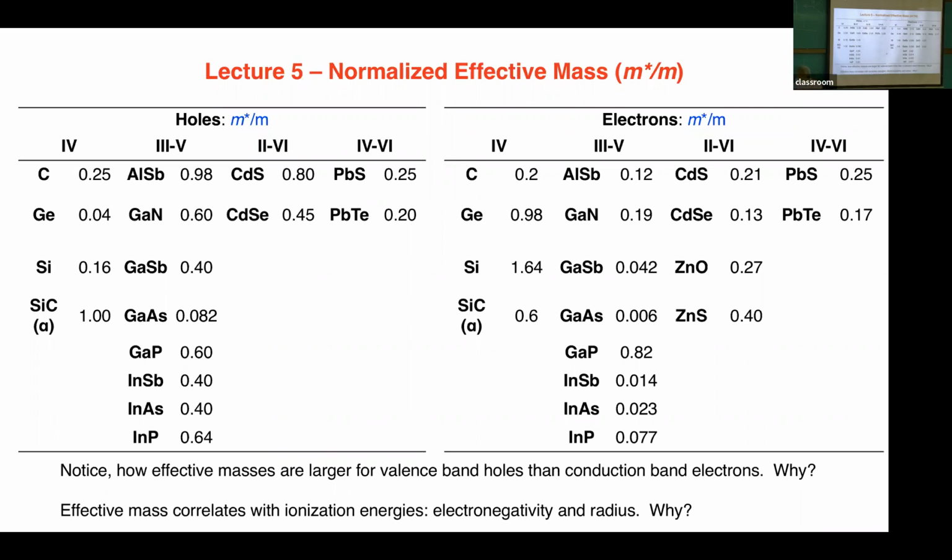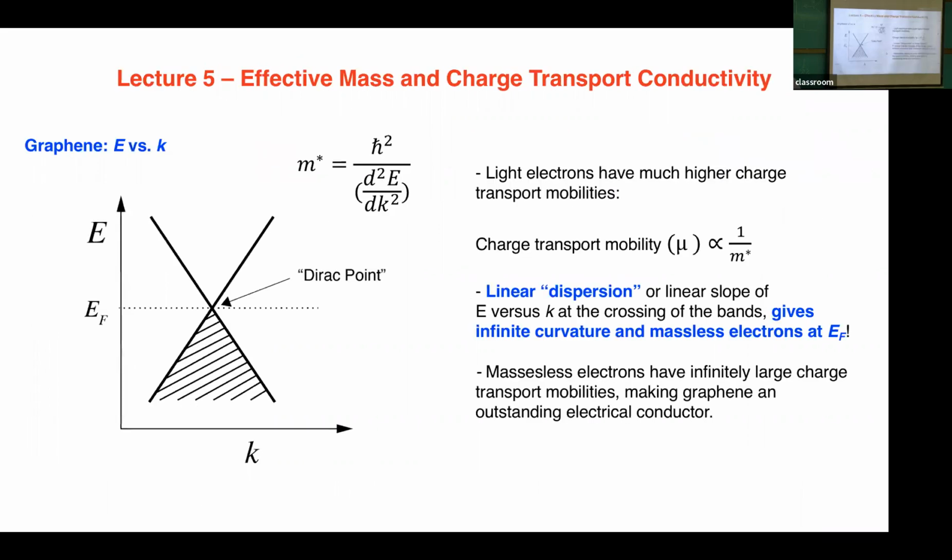Okay, so another aspect of this effective mass is that it's related to the charge transport mobility. Charge transport mobility is an intrinsic measure of how easily an electron moves in a crystal. It's sort of like a conductivity, but it's per electron.